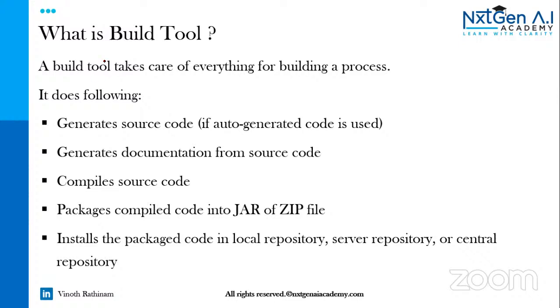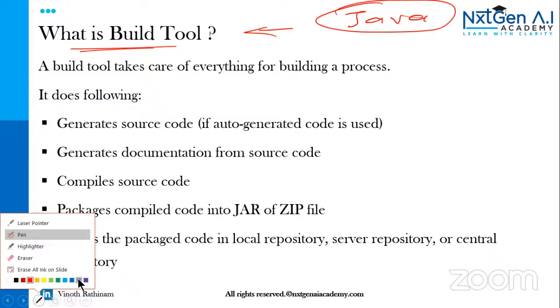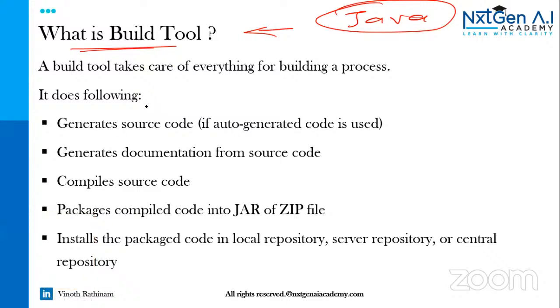Again, we will come to this. Till now, we were using a Java project, creating a Java project. Now we are going to create a Maven project. A Maven project means it's a build tool. Why we want to use it, let's try to understand. So before Maven, let's understand what a build tool is.